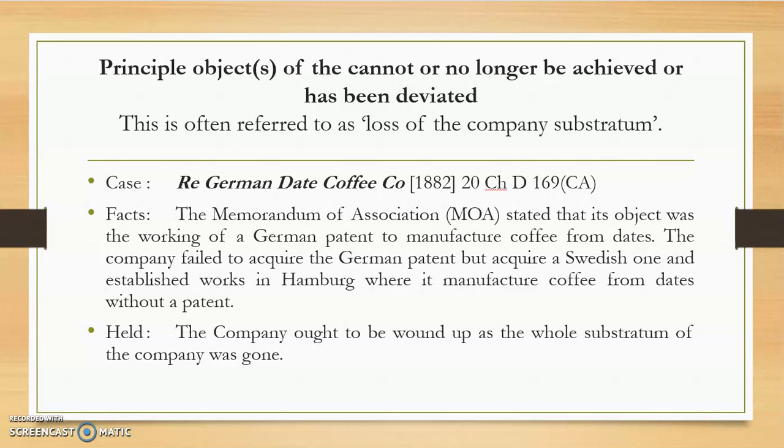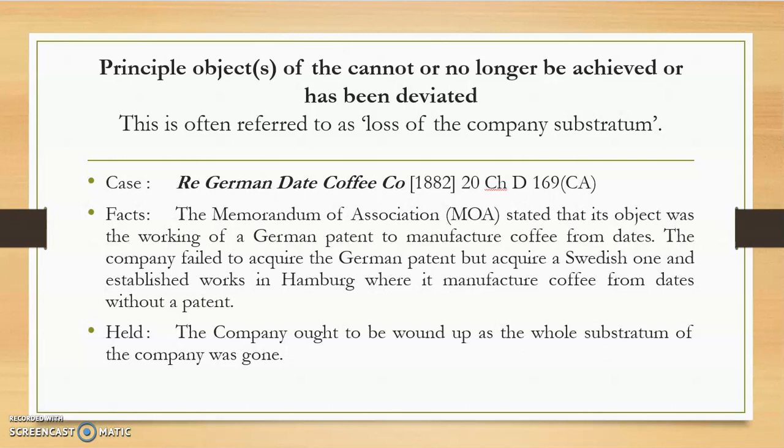Look at this case, German Date Coffee Company. This was in 1882. The Memorandum of Association stated that its object was the working of a German patent to manufacture coffee from dates.